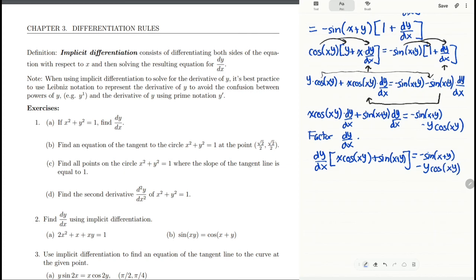And now the last step is to divide both sides by the square brackets. So dy over dx is negative sine of x plus y minus y times the cos of xy all over x times the cos of xy plus the sine of x plus y.